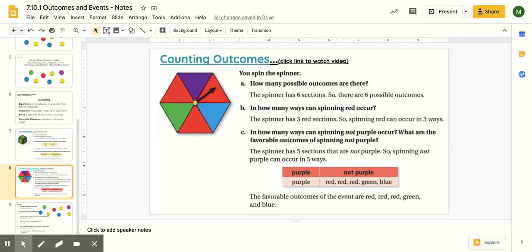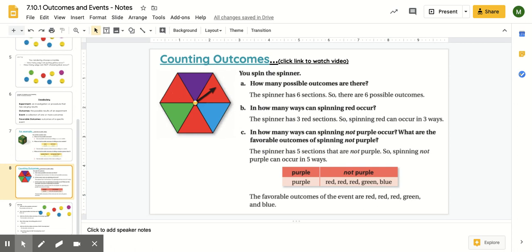Then it asks us, how many ways can spinning red occur? Well, we've got red 1, 2, 3 times. 3 sections of red results in that option, that outcome, potentially happening in 3 different ways. We could spin and land on this red, we could spin and land on this red, or we've got this red.